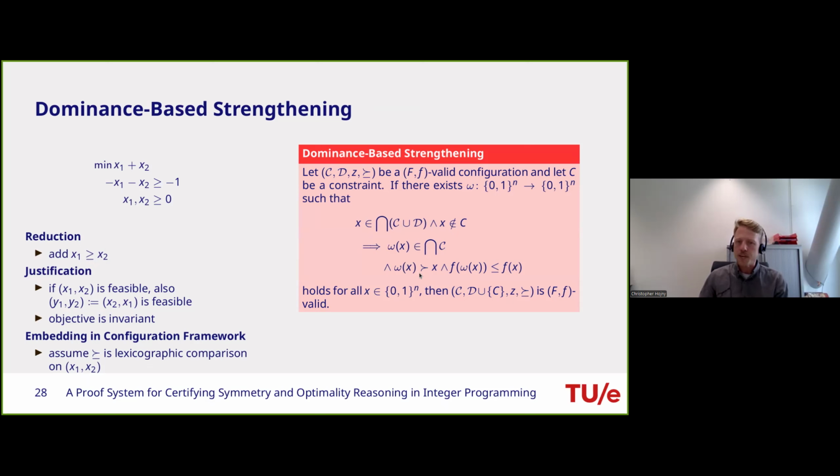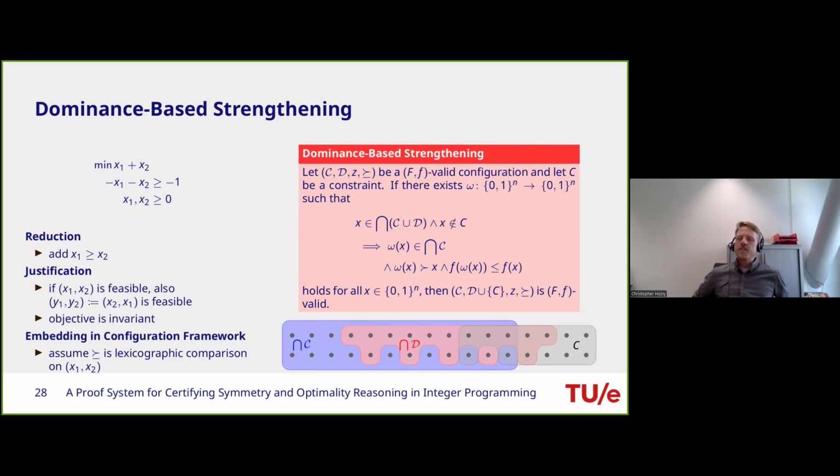It needs to strictly improve upon this pre-order, so it's not allowed to stay at the same position, and we are not allowed to get worse than the objective function. And if the witness has these properties, then again, one can certify that this is a feasible reduction.